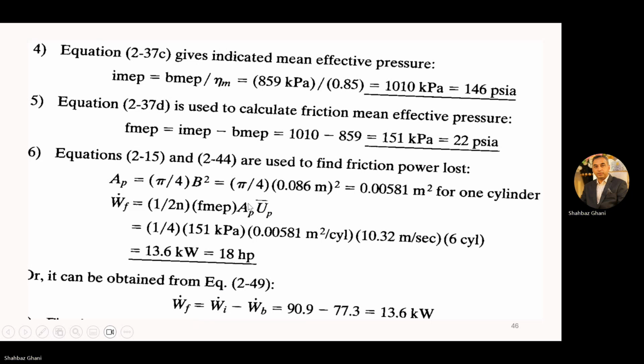This piston face area we found for one cylinder, and since it is a V6 we have 6 cylinders. Now it comes out to be 13.6 kilowatt. Another way of finding this: we have already found the indicated power and brake power, so from there we can find the friction power, and it is the same as we found from this formula.